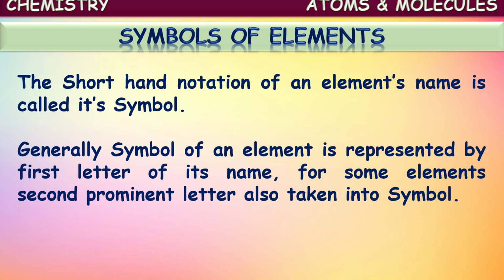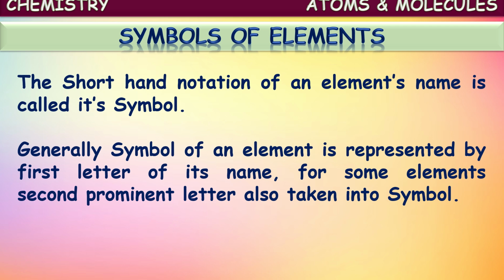That is why the atoms of an element are represented by a shorthand notation, which is called a symbol. The symbol is the shorthand notation of an element's name. Generally, the symbol of an element is represented by the first letter of its name. So while writing the shorthand notation, we choose the first capital letter from the name of the element.